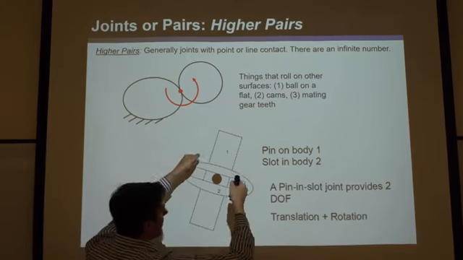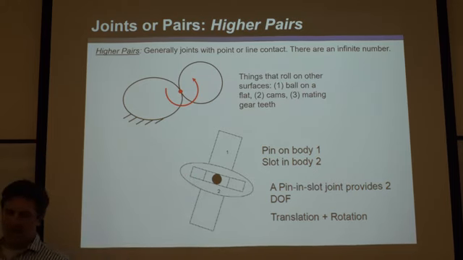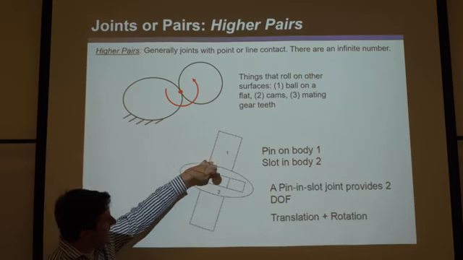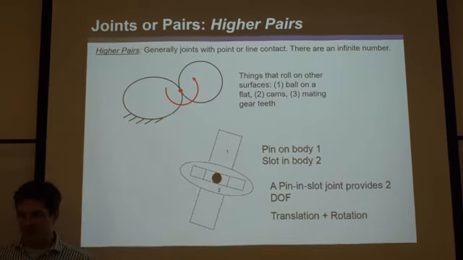You could rotate it in and out of the page like this, so it would end up being a 4 degree of freedom joint. But because we're just sticking to planar here, that's why the slide says it's a 2 degree of freedom thing, because only things within the plane are allowed for a 2-dimensional joint. Okay, but hopefully you can see why it's a higher pair, because it's line on line contact. There's no surfaces touching.